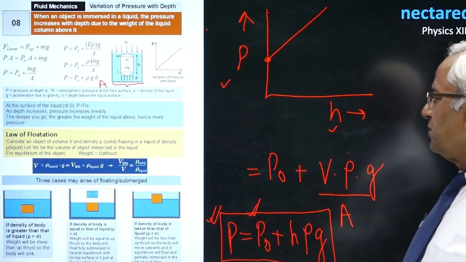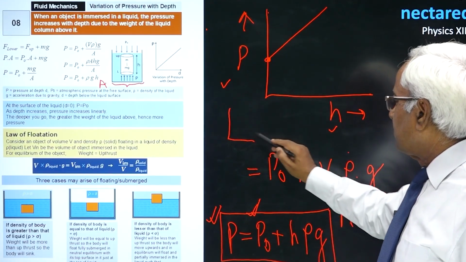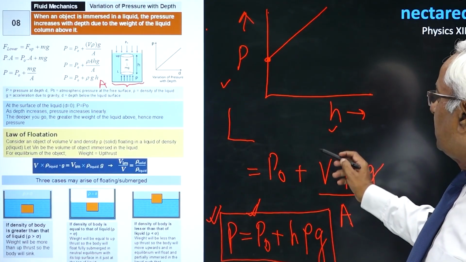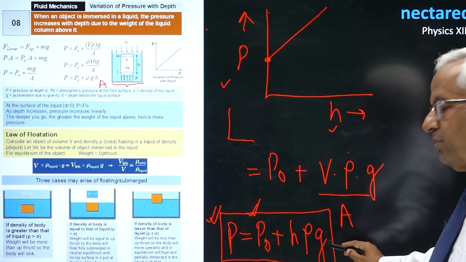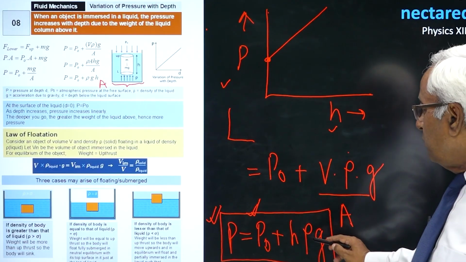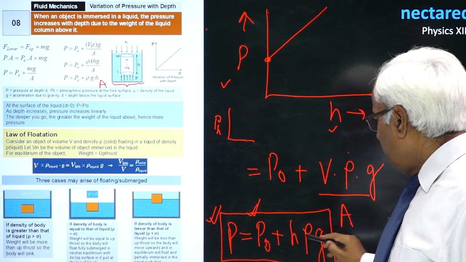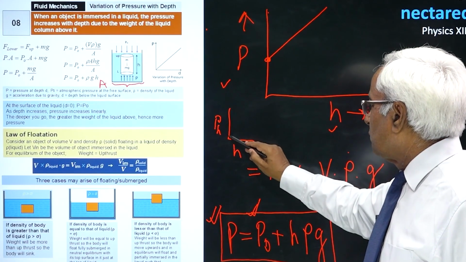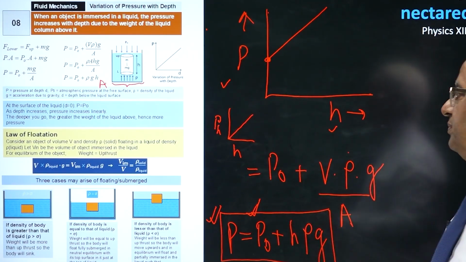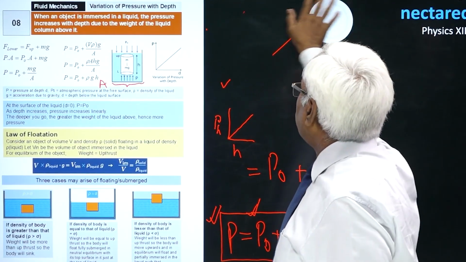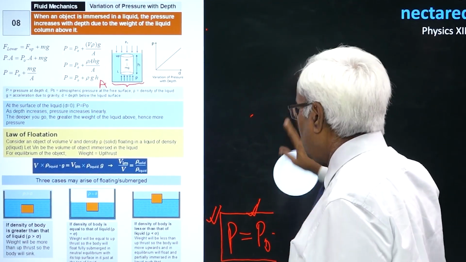Suppose you are interested only in hydrostatic pressure, then since hydrostatic pressure is only H rho g, if you want to plot the graph of hydrostatic pressure with this H, it's going to be a linear graph through the origin. Here P0 is atmospheric pressure, H is the height of the column.